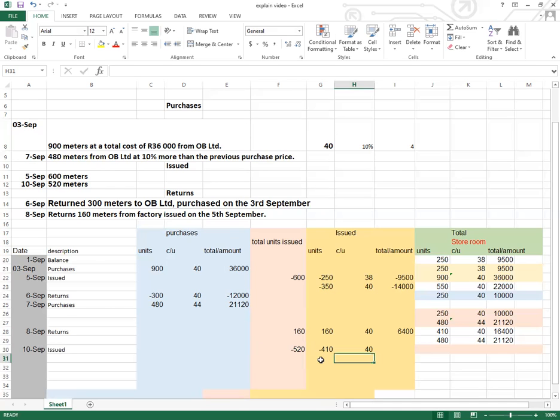Yeah? And then we're going to issue with 520 minus 410, which means we have how many units?